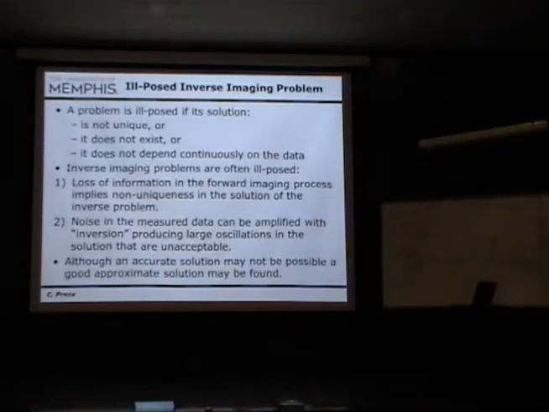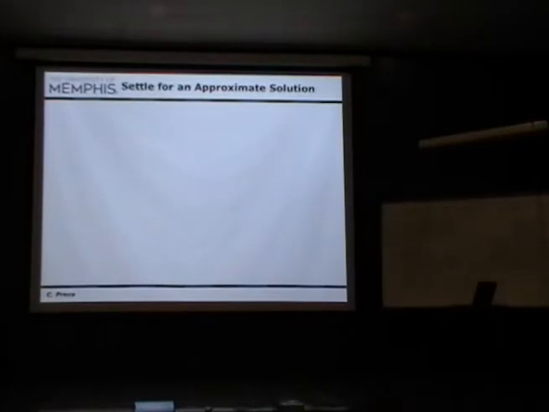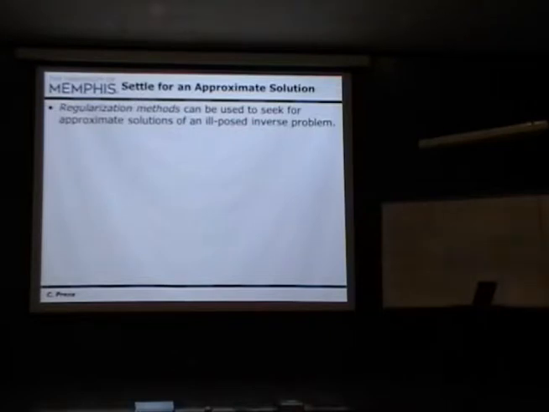All right. So although an accurate solution may not be possible in many cases, a good approximate solution may be possible or may be found. The name of the game is that you have to settle for an approximate solution, which is a lot better than no solution at all, right? And this is possible by developing and using what are called regularization methods. In an earlier talk today, there was talk of regularization approaches.